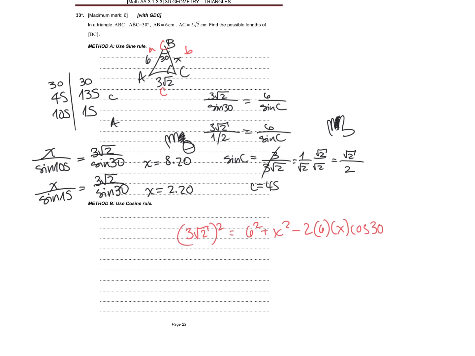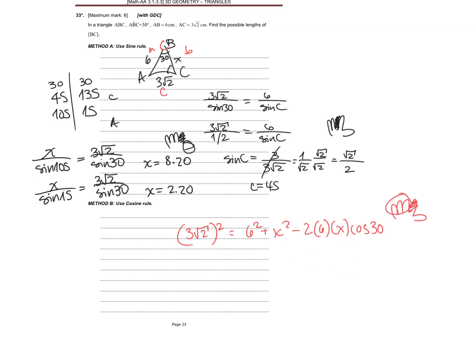Okay, so this is 9 times 2, 18, 36, x squared, 12x, and cosine 30 is root 3 over 2.